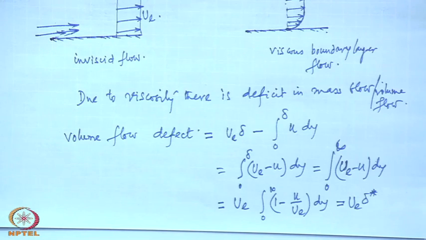Another way we can see the effect of this boundary layer is that it introduces some thickness to the plate, as if the plate has been thickened by a length delta star.